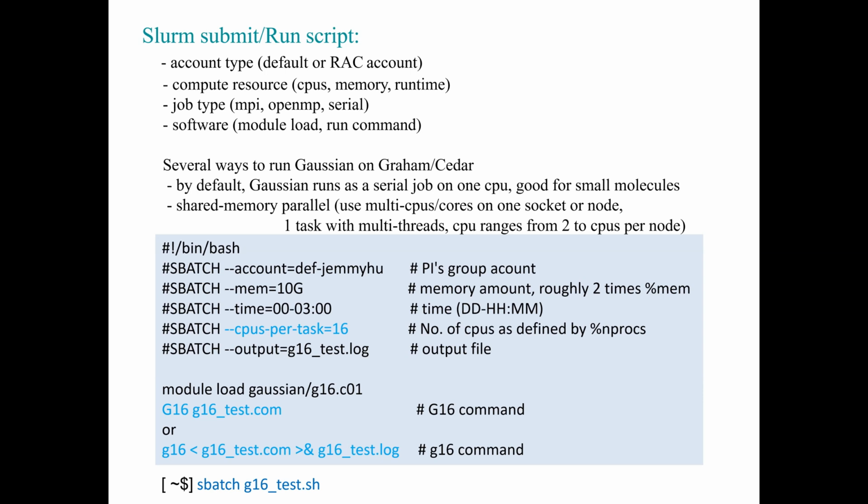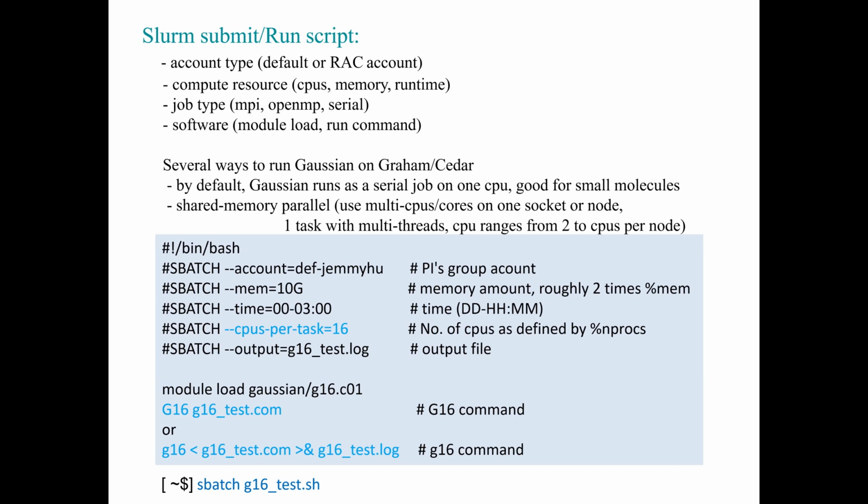The big part of the script is to specify the compute resources you need for your job. It's like saying how many CPUs to use, how much memory to use, and how long your job is expected to run. This has something to do with the job type, for example, whether it's an MPI job, an OpenMP job, or a serial job. Gaussian itself can run in serial, using one CPU by default.